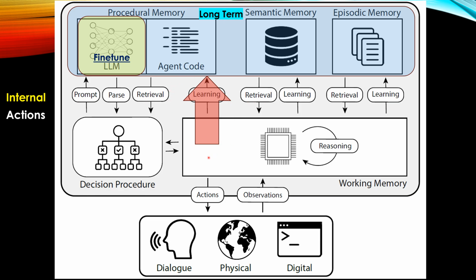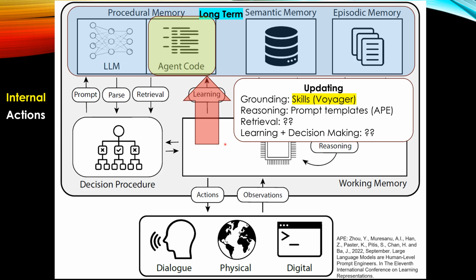The last type of learning action updates the procedural memory. For the implicit type, this is the fine-tuning of model weights which we are familiar with. When updating agent code, recall that we have 4 types of actions that we can update: the grounding, reasoning, retrieval, and learning, and also the decision procedure.